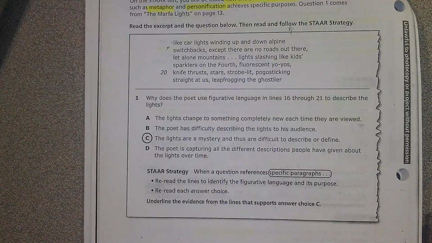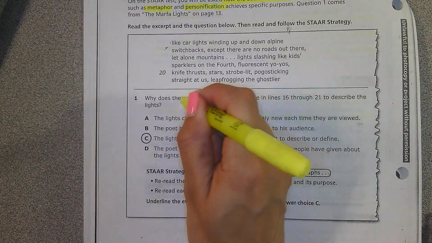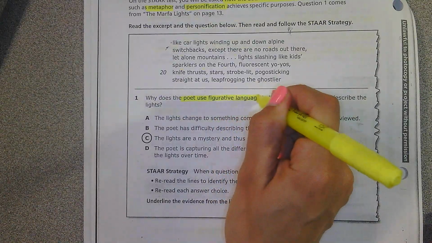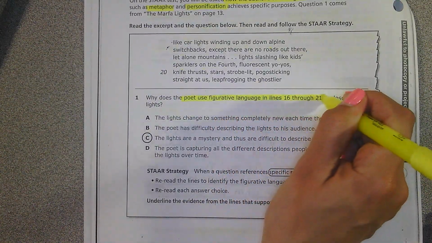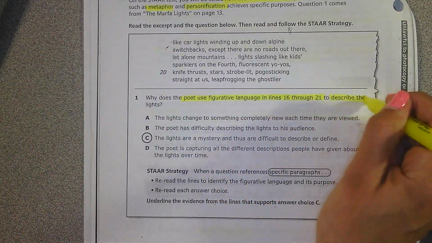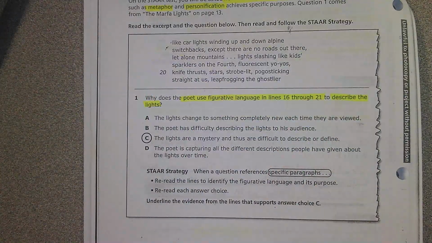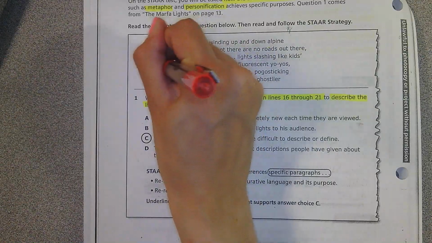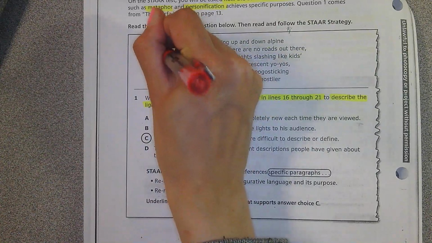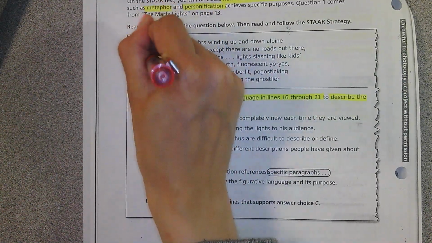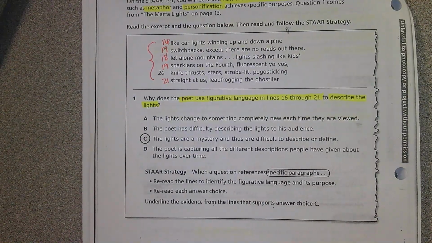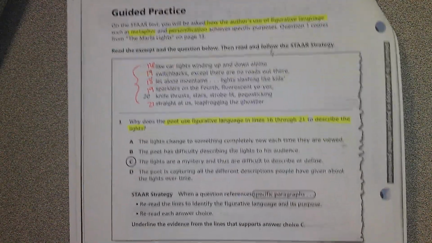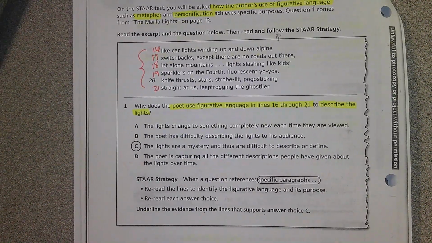I want you to go ahead and notice this question. Why does the poet use figurative language in lines 16 through 21 to describe the lights? Well, right here we have 21, 19, 18, 17, 16. So right here in this stanza, what are they essentially trying to do? Well, let's look at keywords here.